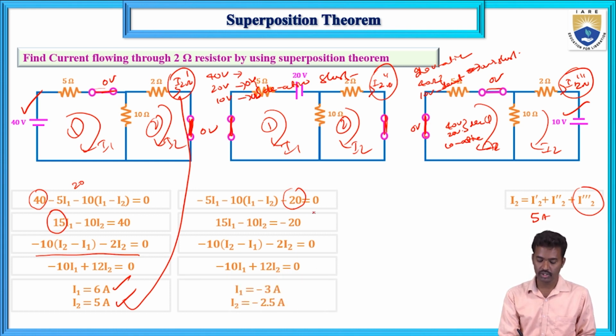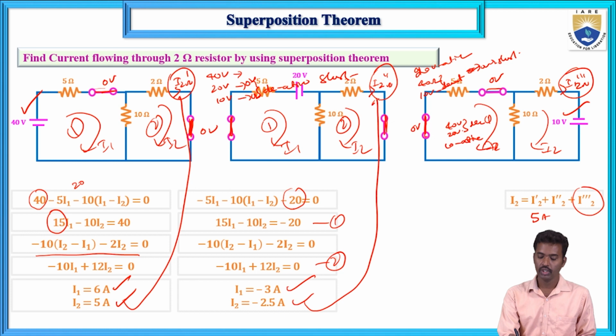Solve these two equations, equation number 1 and equation number 2. The individual response current is minus 2.5.